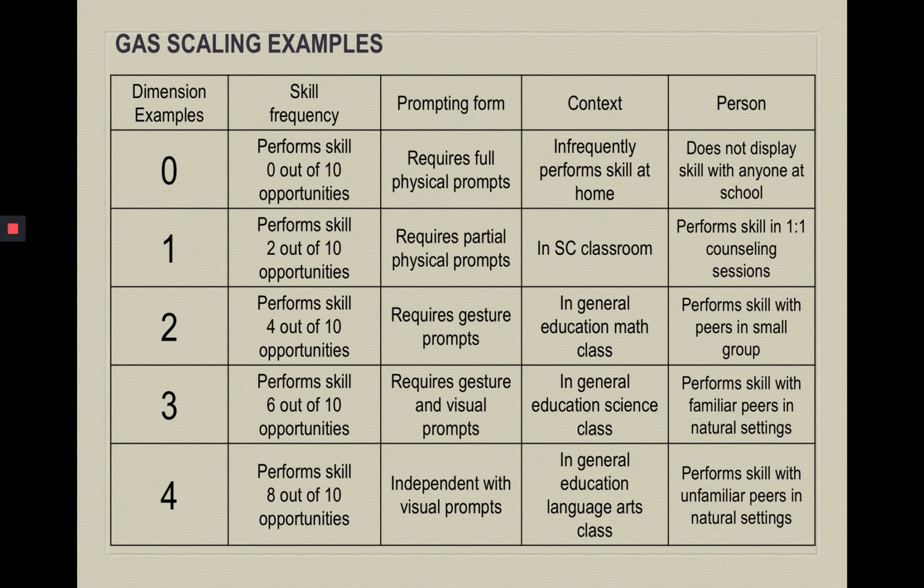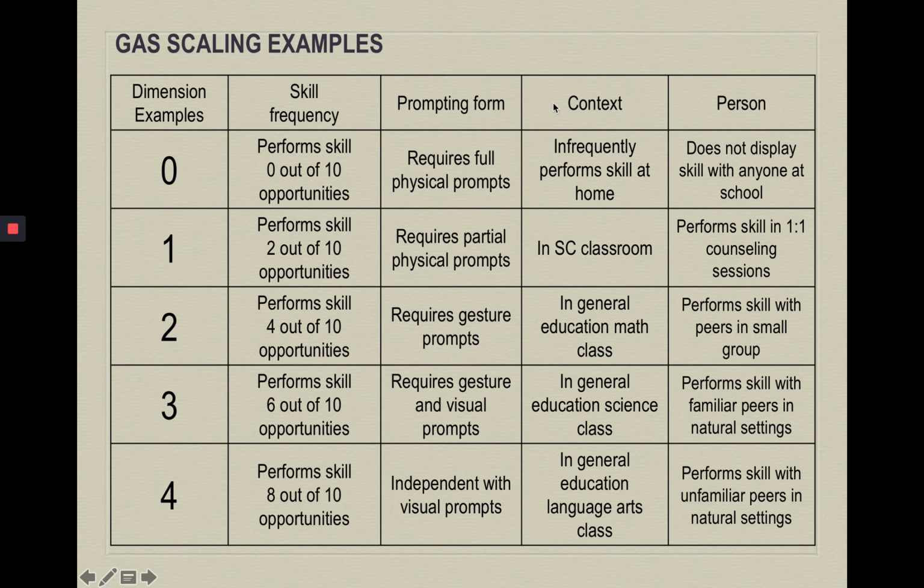Once he can do that consistently, I'm going to use gestural prompts only. So I'm going to point to my friend. Now, level 3, I'm going to use gesture and visual prompts, because that's what's stated in my objective. And then finally, I just want him to do it with visual prompts only.